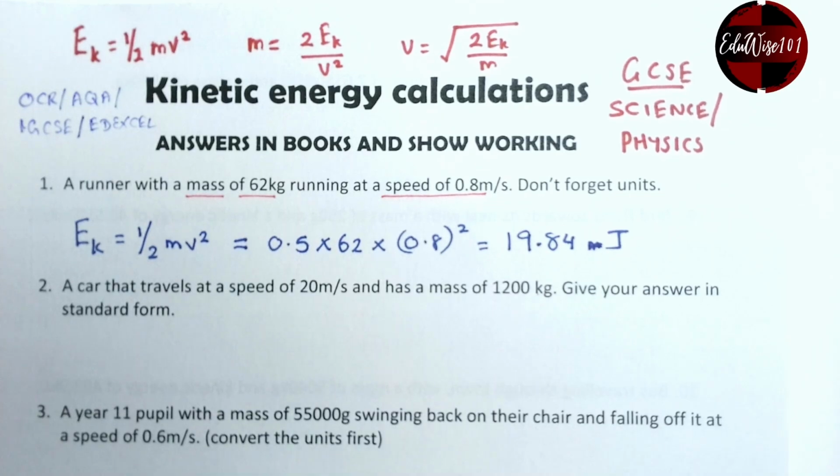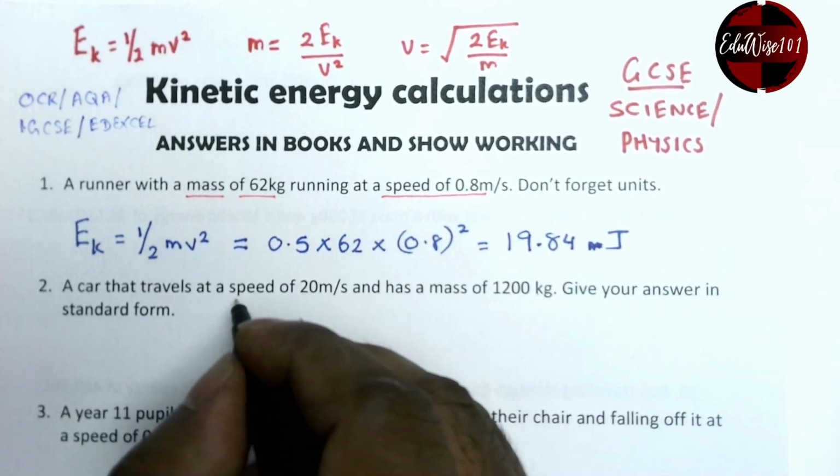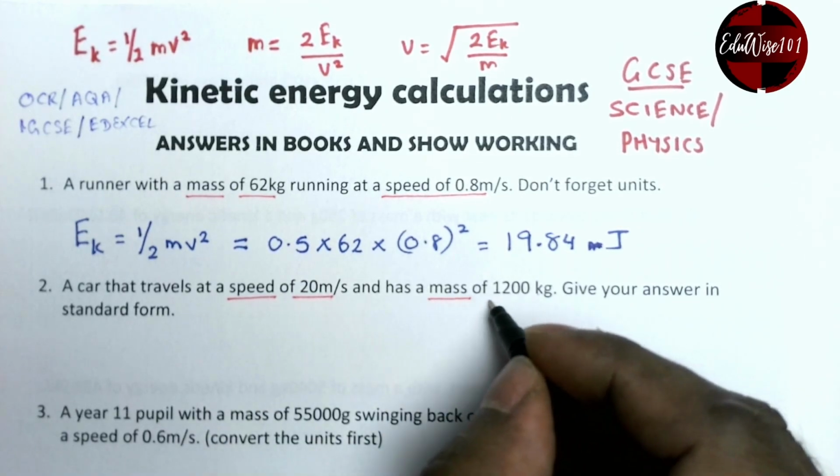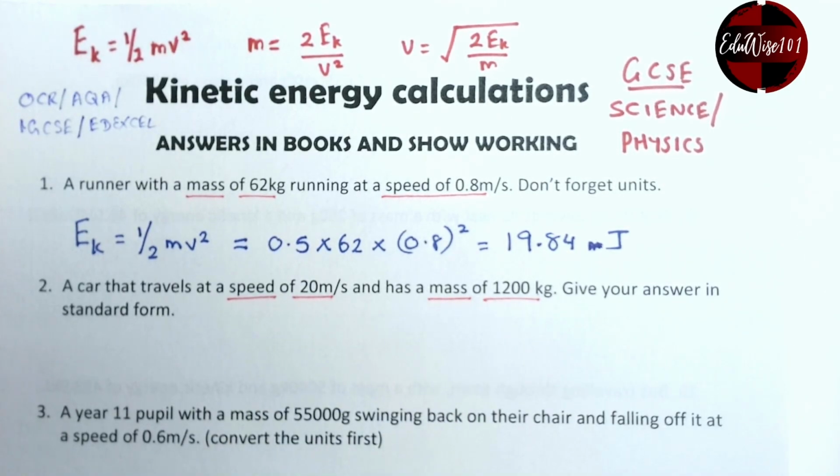A car travels at a speed of 20 meters per second, has a mass of 1200 kilogram. Give your answer in standard form.